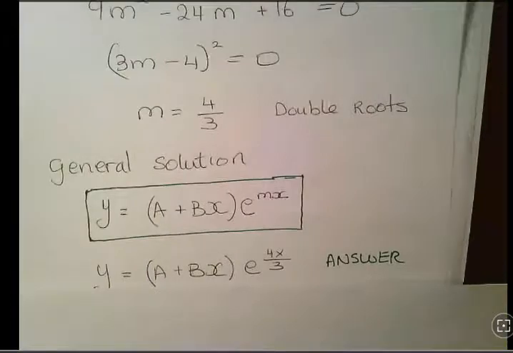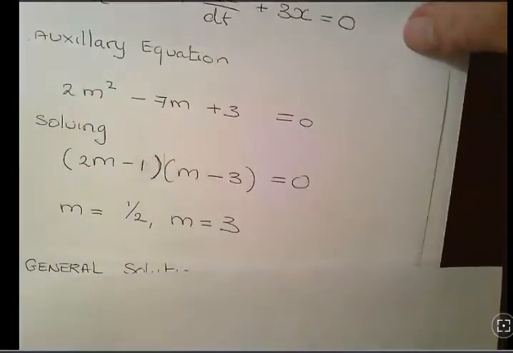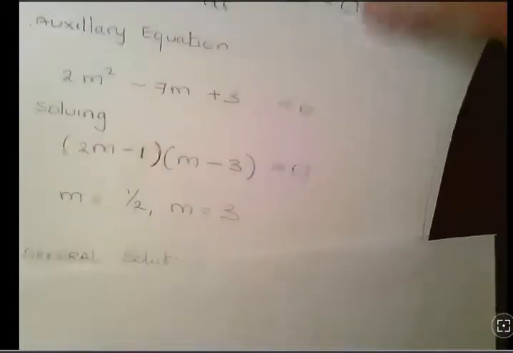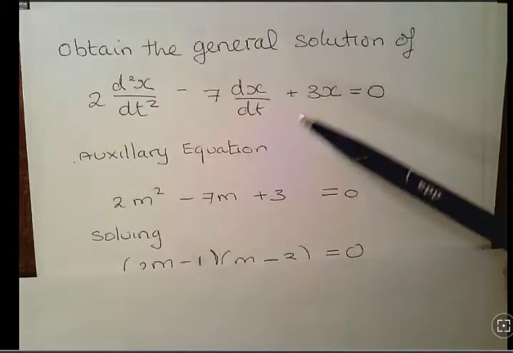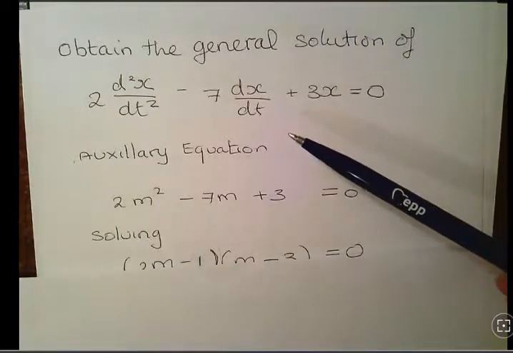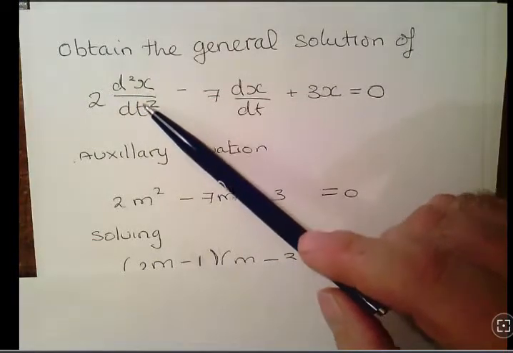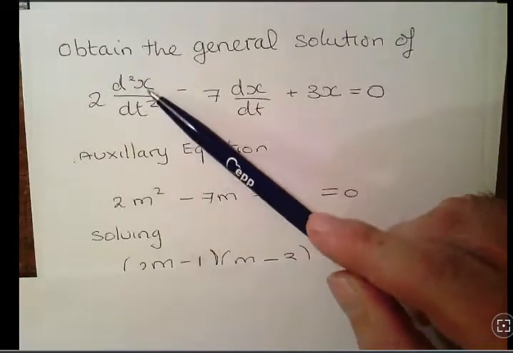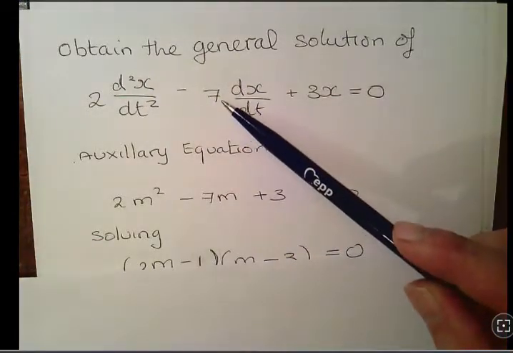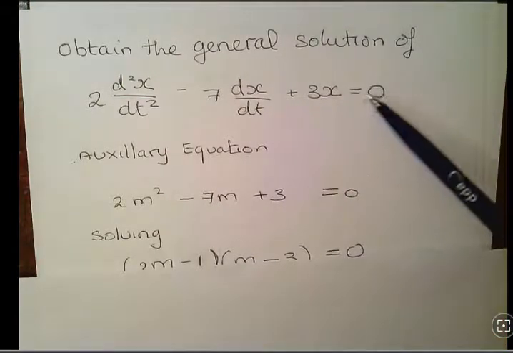Okay, let's set up the second one now. Obtain the general solution of this. Here we have 2 times d squared x over dt squared, remember, x in terms of t here, minus 7 times dx over dt, plus 3x equal to 0.